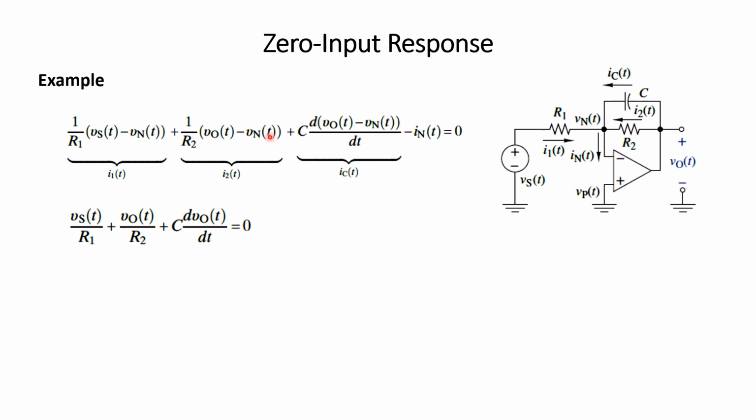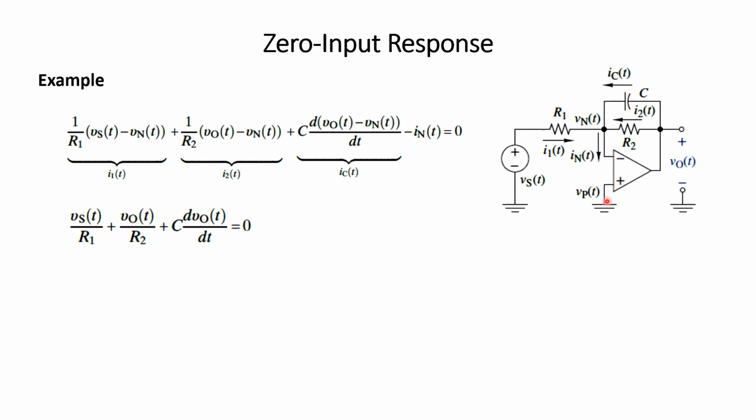So where Vn has gone, there is no Vn term over here. Vn is basically due to the model of the operational amplifier we are using. We are assuming that the voltage difference from here to here, in either direction or polarity, is 0.